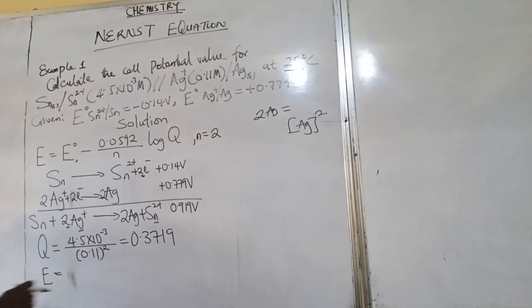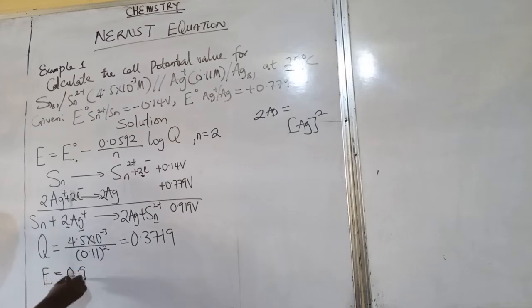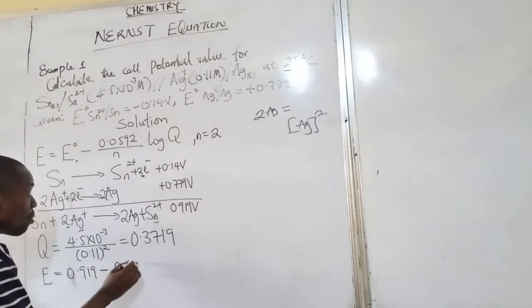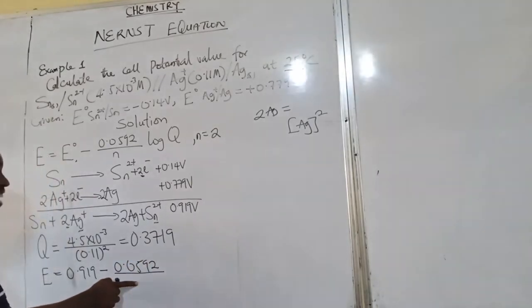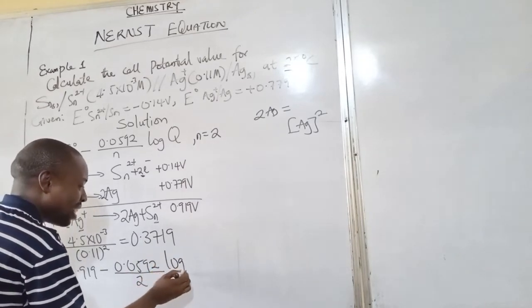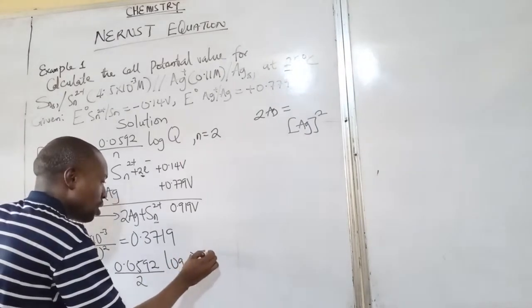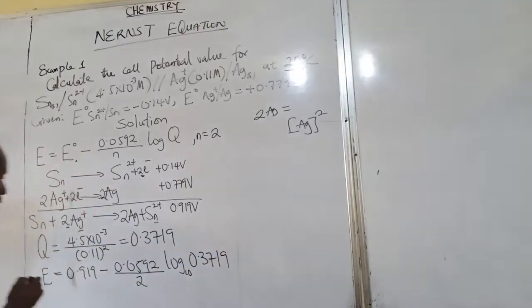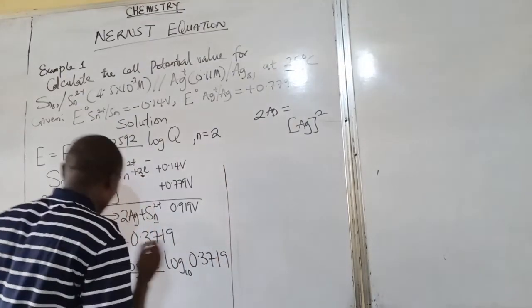Now we move to the formula that says E is equal to E naught. My E naught was given to me as 0.919, minus 0.0592 divided by my n, which is 2, and log, remember it is log base 10, of 0.3719. So you continue.